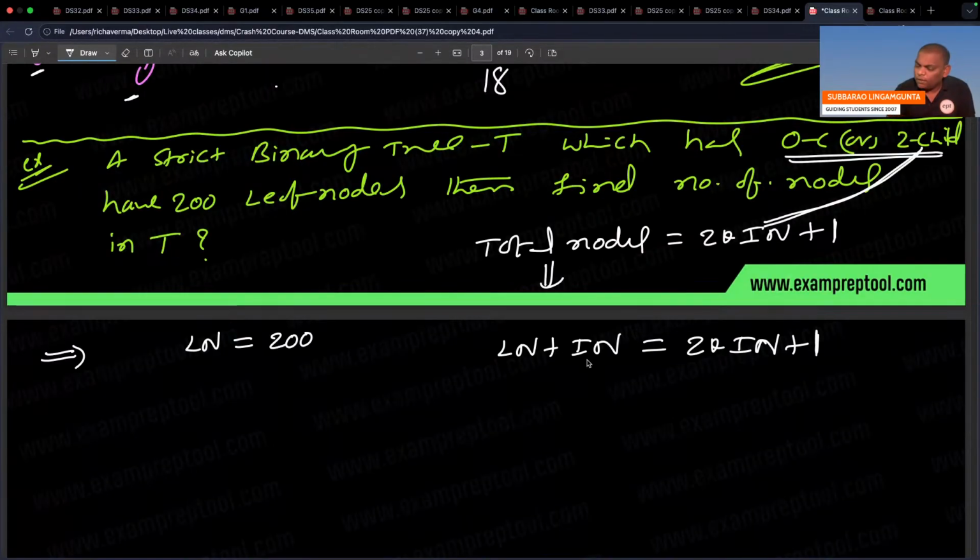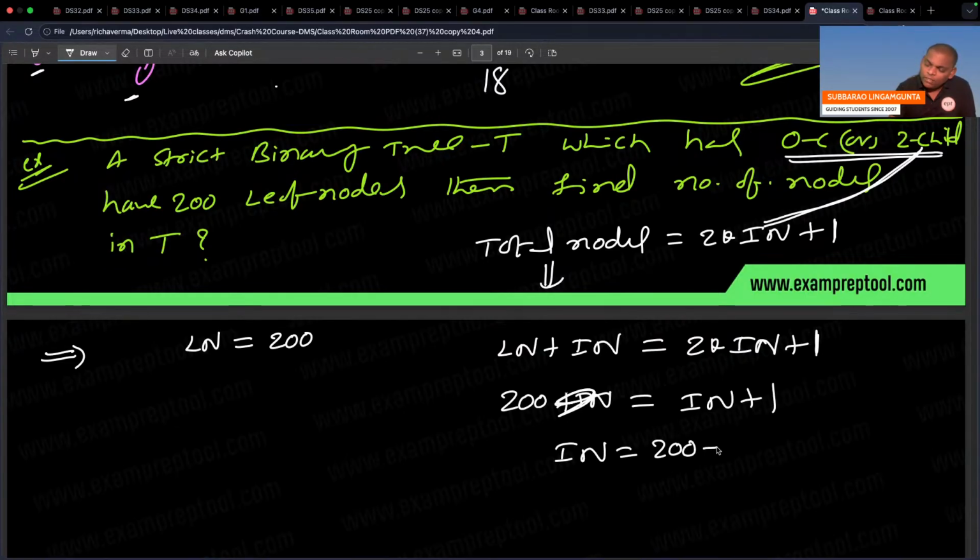Your leaf nodes are already 200, plus internal nodes equals 2 into internal nodes plus 1. Finally, internal nodes are going to be 200 minus 1, which is 199.